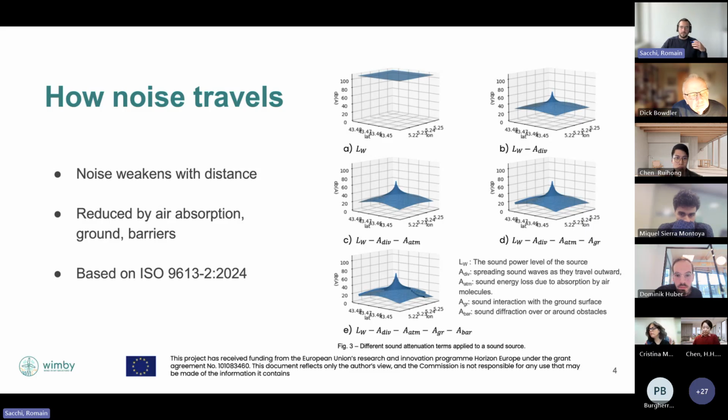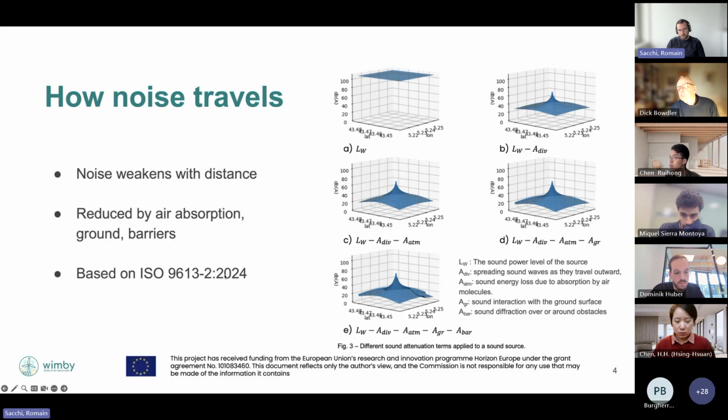So we will add, for example, the geometrical dispersion effect, the effect that the atmosphere is able to absorb part of this noise emission, the effect that describes the fact that the ground is also able to absorb part of this emission, and also the fact that we might have some natural barriers like hills and forests, or changes in topography, that can attenuate these noise emissions. The mathematics behind that is described in this ISO standard, so we are merely following the standard here.